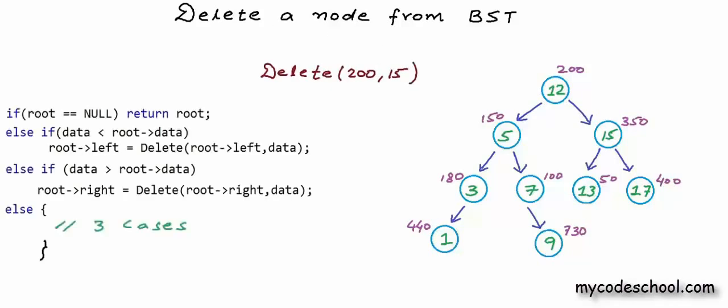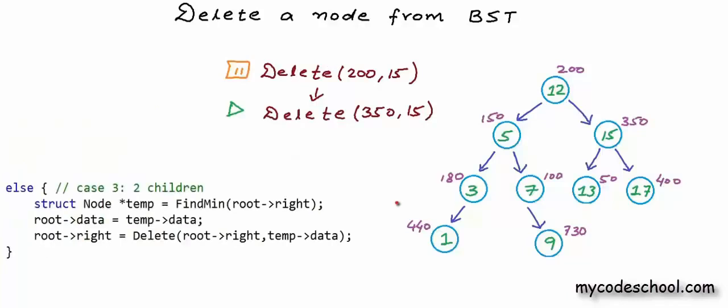In the delete function, for this particular call, control will come to this line. A recursive call will be made. Execution of this call, Delete(200, 15), will pause, and it will resume only after the function below, Delete(350, 15), returns. Now for this call below, we will go inside the third else, in case 3.